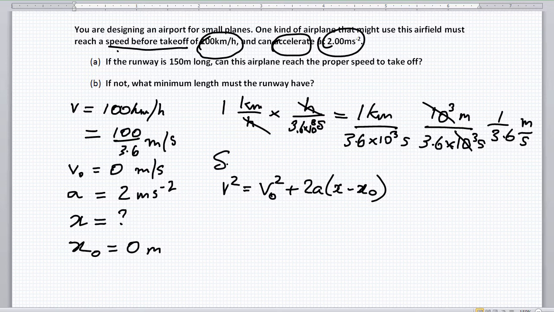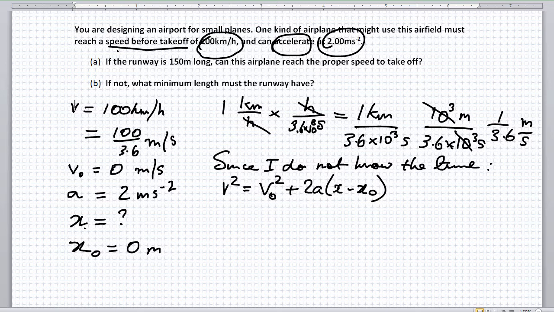So, since I do not know the time, I'm going to use this one. This little sentence here is part of the problem solving. Just doing the algebra or the math is not enough. You need to say why you're going to do something.